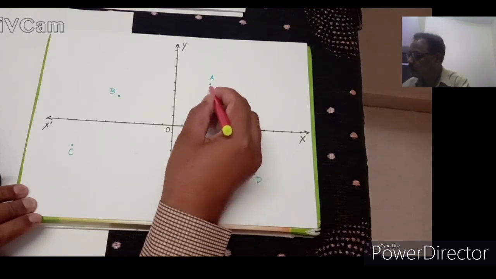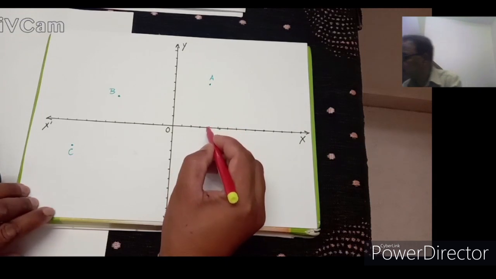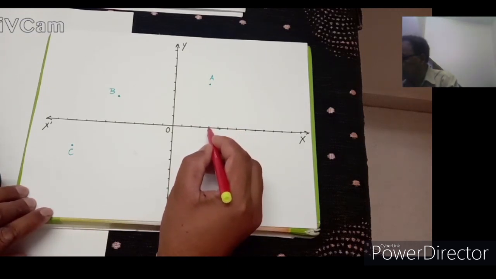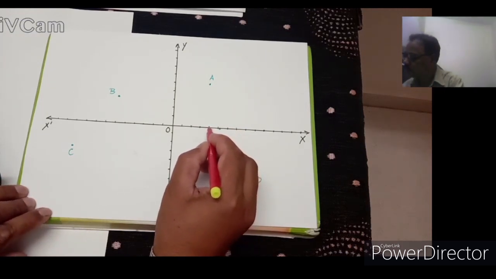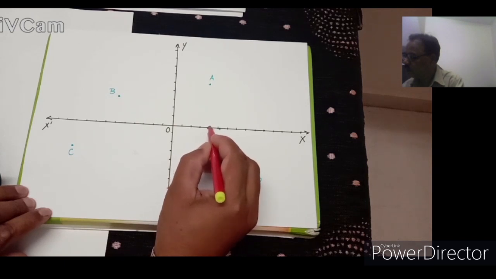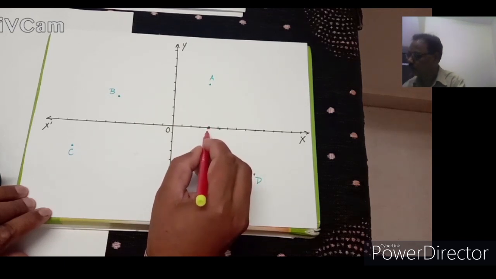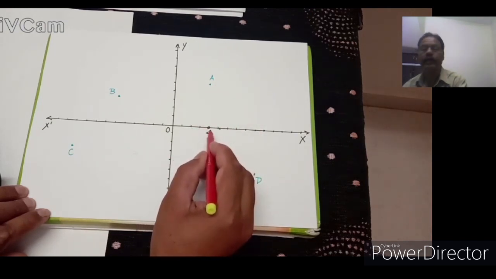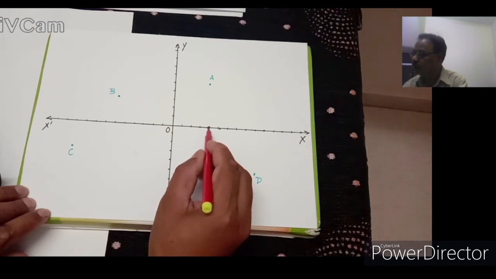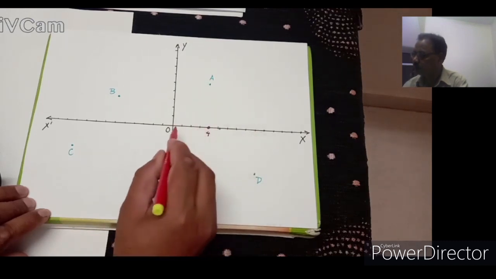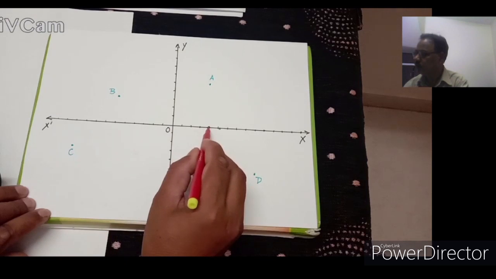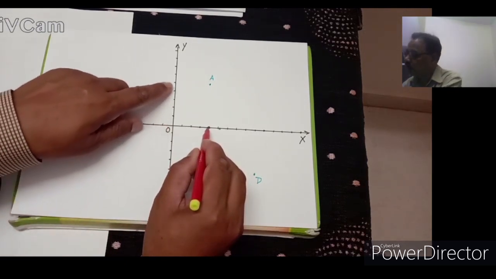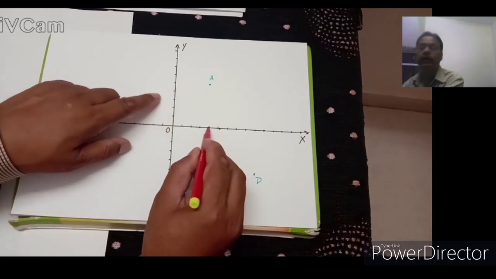we can see it is just above the 4, just above the 4 on the x-axis, and we want to reach the point A. So we first moved on the x-axis 4 units, and how much unit do we move on the y-axis?